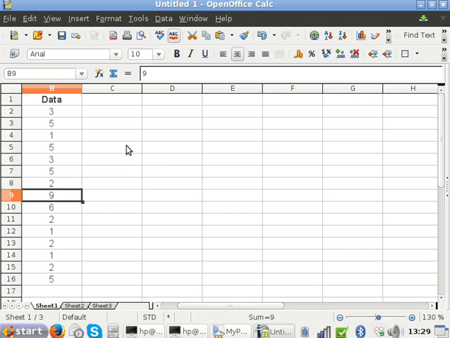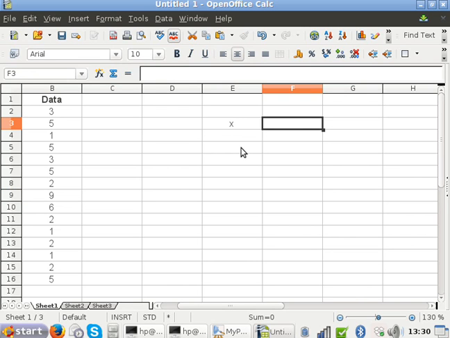So, let's see. I'll just get the table started for you. How many numbers do I have here? 15. What's the square root of 15? Yeah, well, it's going to be 3 point something. So when I round it up, I get 4. So I should make 4 boxes.